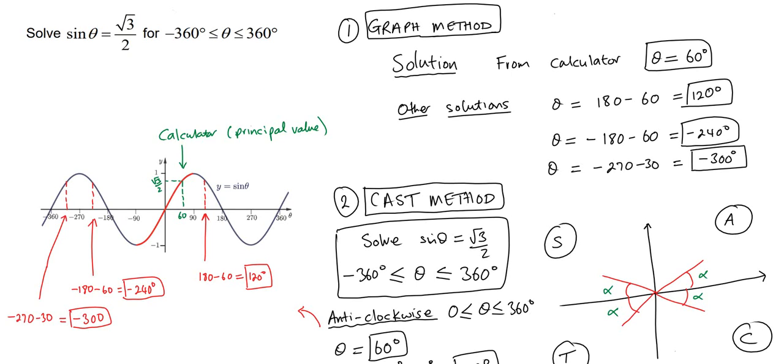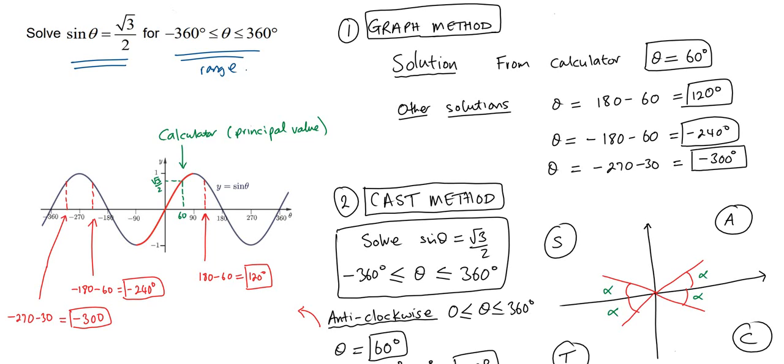Okay, now we've got sine theta equals root 3 over 2, and this is the range. This is the range of values for which we need to solve this equation. The first thing we do, I'm going to use the graph method.